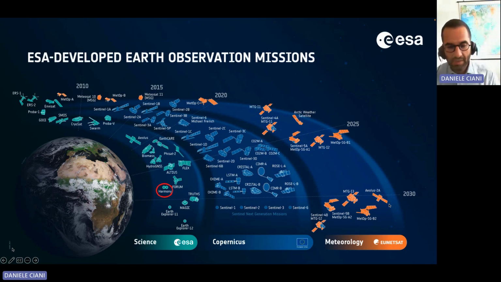Generally, all those missions that are mostly driven by technological advances and the necessity to observe processes occurring at the Earth's surface for the first time. As you can see, emphasized by this red circle, I hope you can see my pointer, the Harmony mission is planned roughly for the year 2030 at the moment.